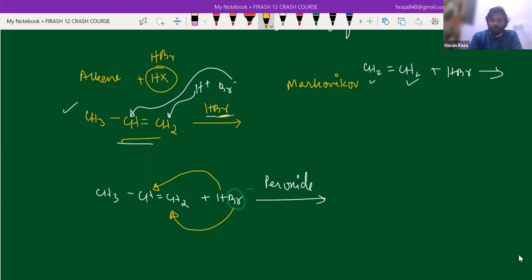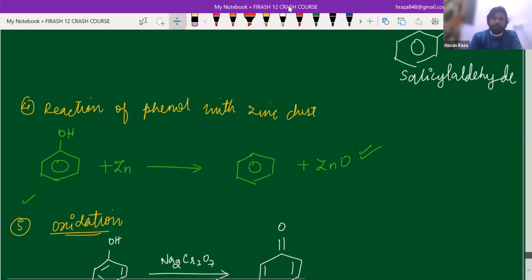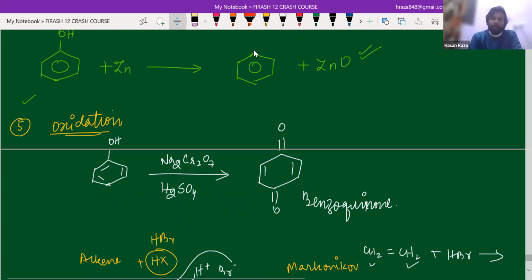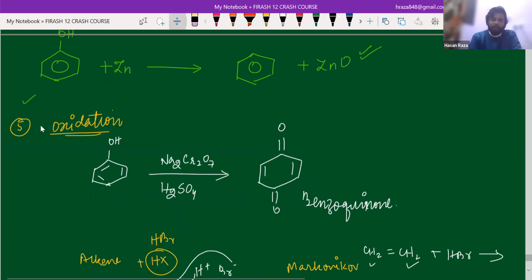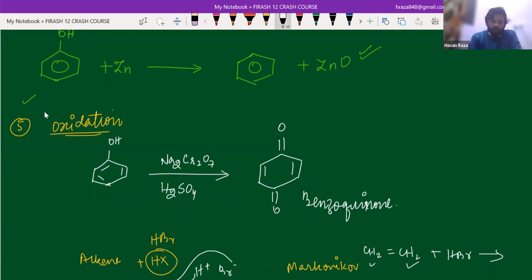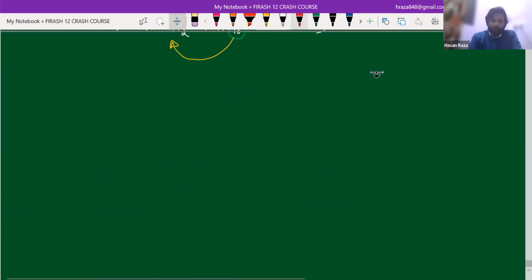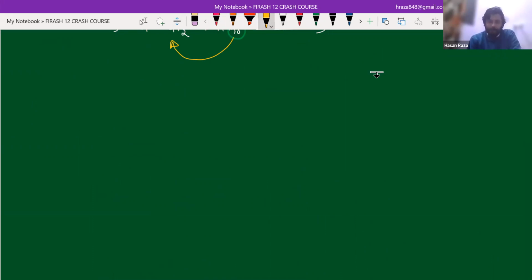So let's see. As you can see, we were done with this oxidation part. We did oxidation of alcohol and we got benzoquinone. Now there is some portion that you need to study first, and then I will give notes on that if required.